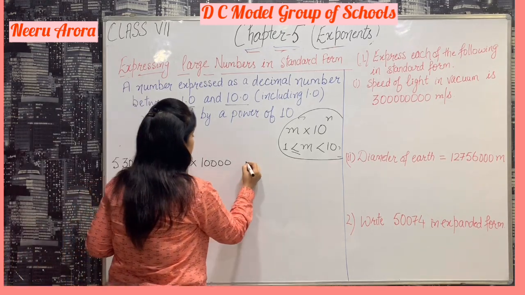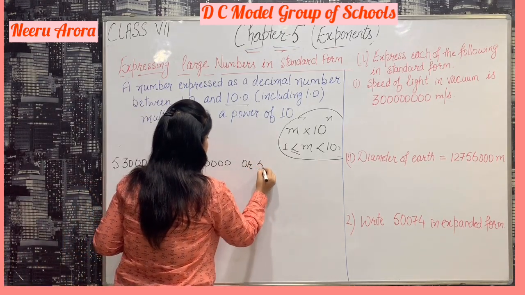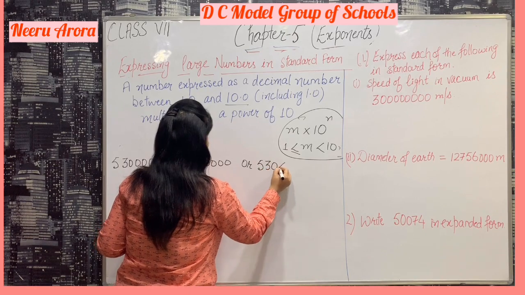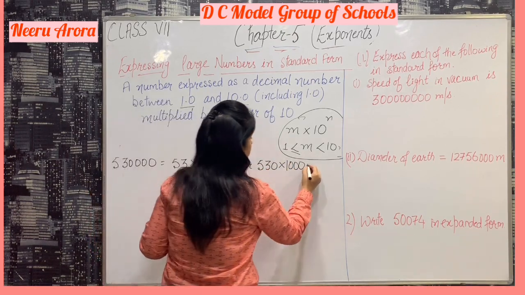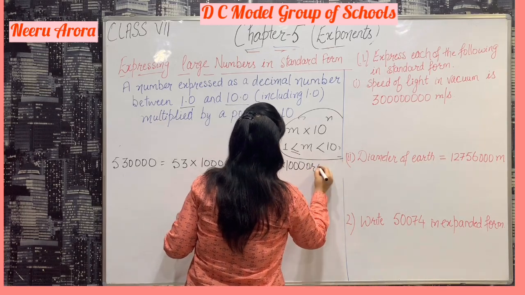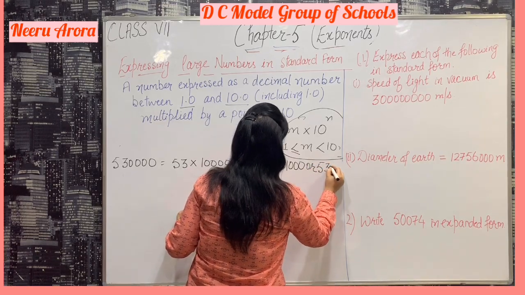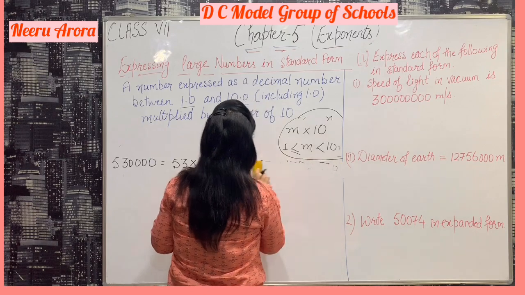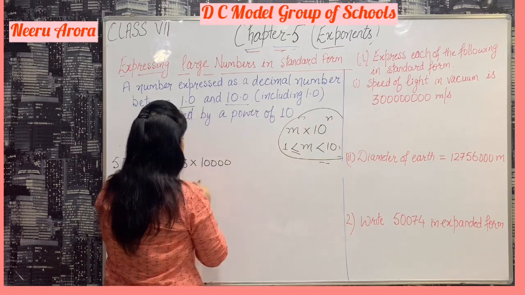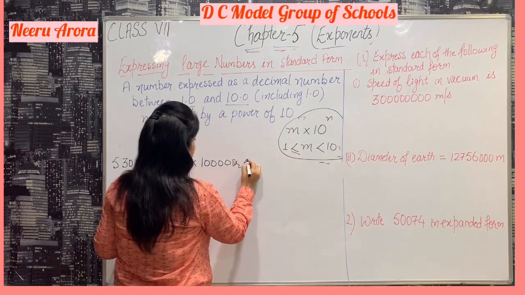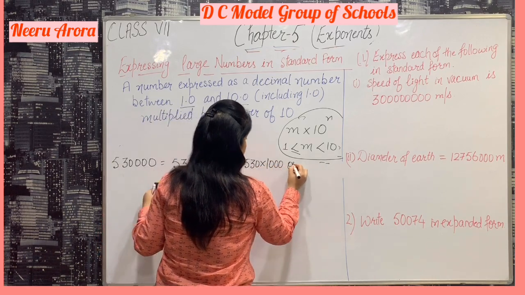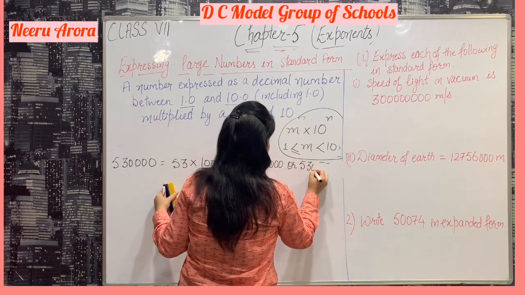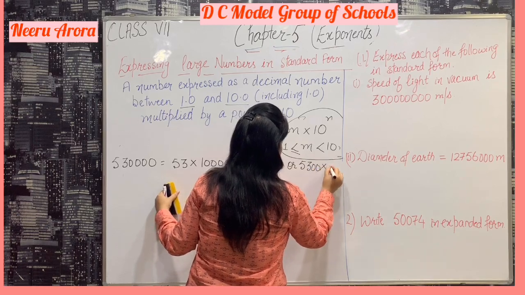Or how can we write it? 530 multiplied by 1000. Or we can write 5300 into 100.